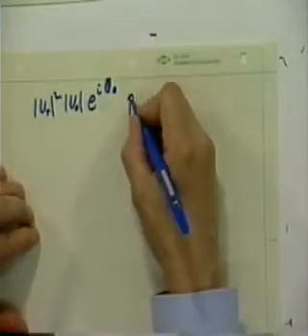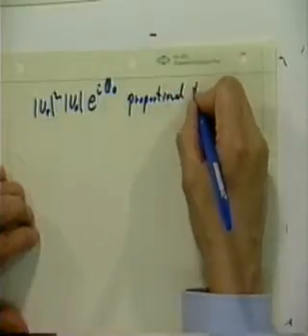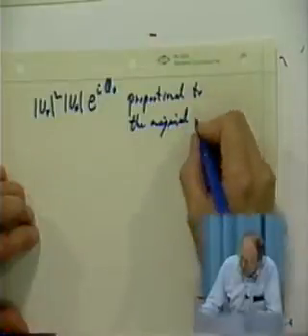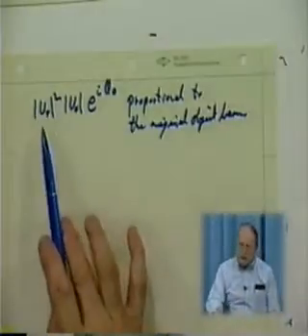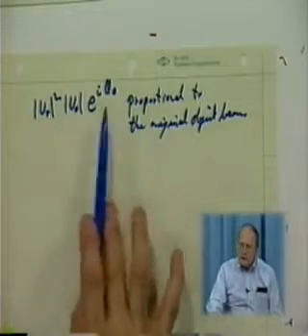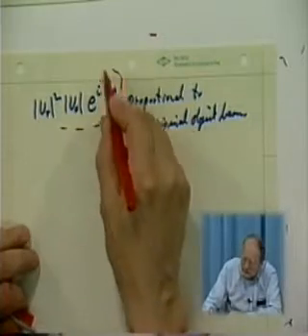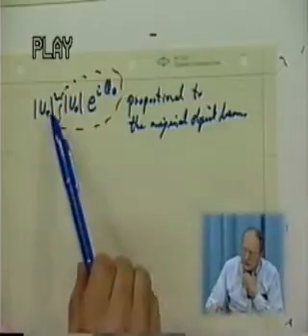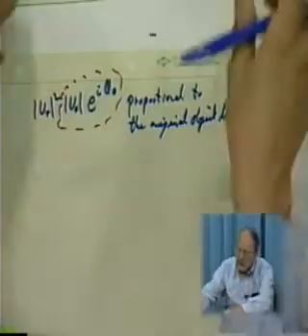And so this is proportional to the original object beam. Independent of what the original reference beam or object beam was, one of these terms goes as the original object beam, reproducing it exactly, multiplied by some factor. That's one term we get.